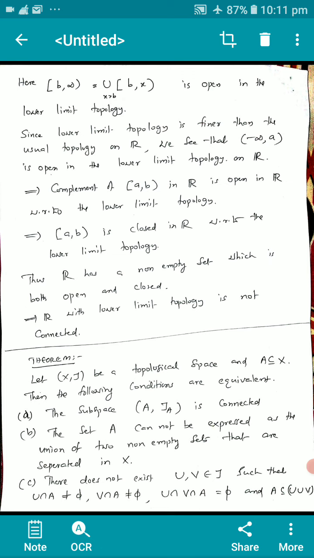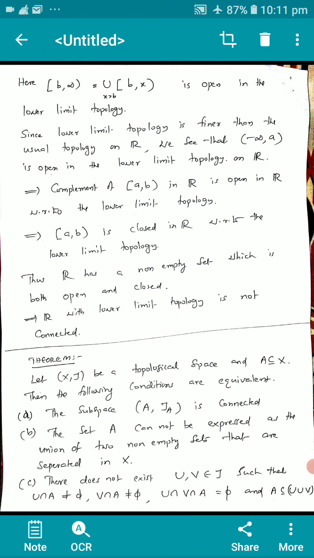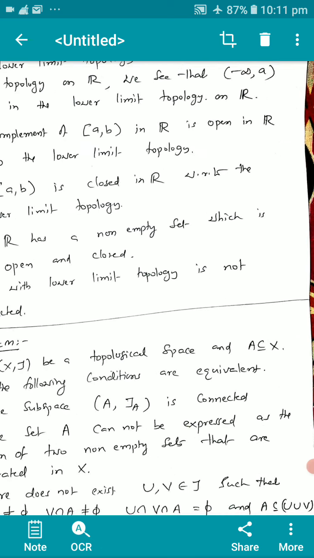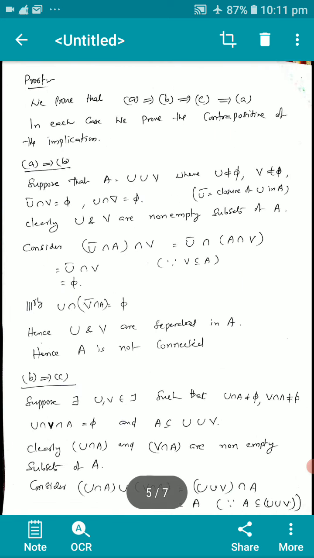B: the set A cannot be expressed as the union of two non-empty sets that are separated in X. And C: there do not exist U, V in tau such that U intersection A is not empty, V intersection A is not empty, U intersection V intersection A is empty, and A is a subset of U union V. The proof style is A implies B, B implies C, C implies A. In each case we prove the contrapositive of the implication.